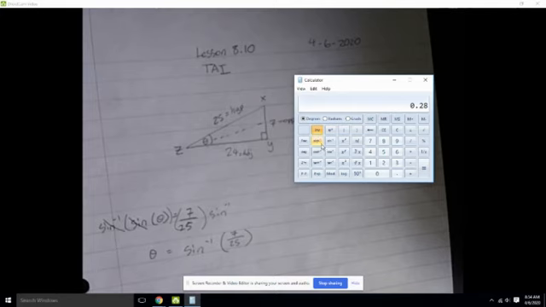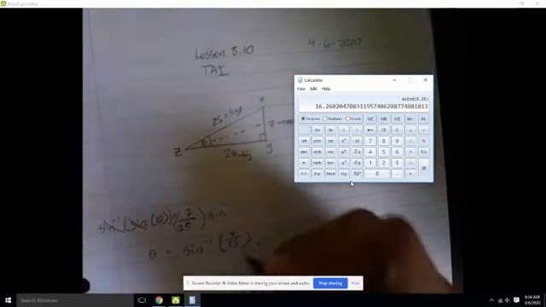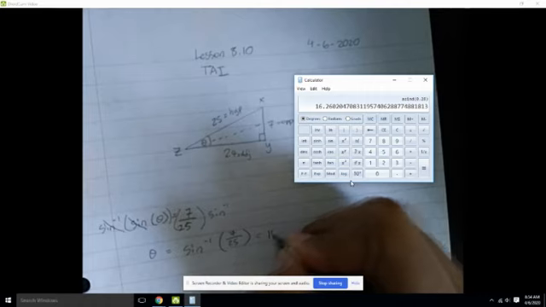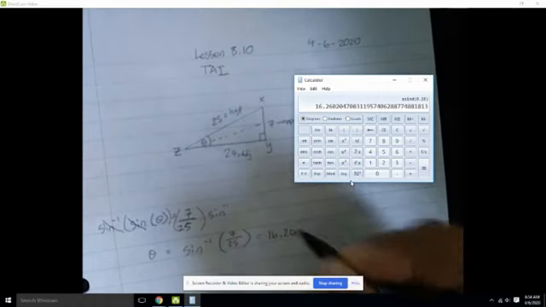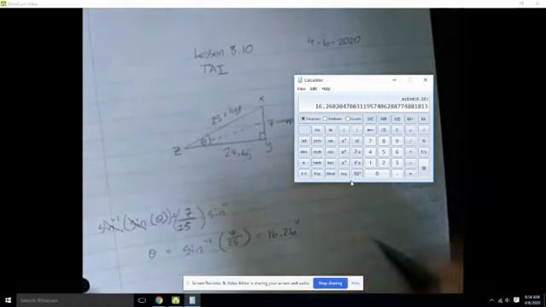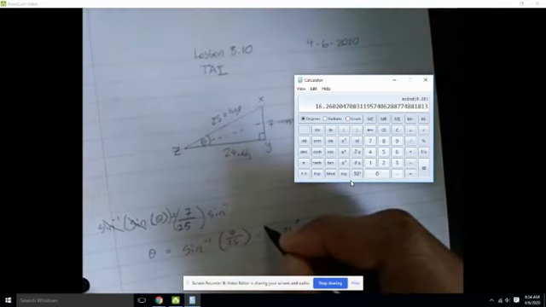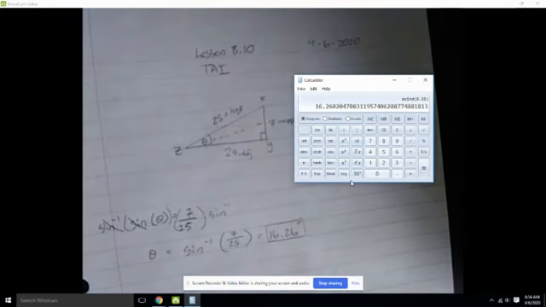Then you do the sine inverse, which would give you 16.26. This would be 16.26 degrees. That would be our angle. All right. Hopefully this helps and you're able to understand.